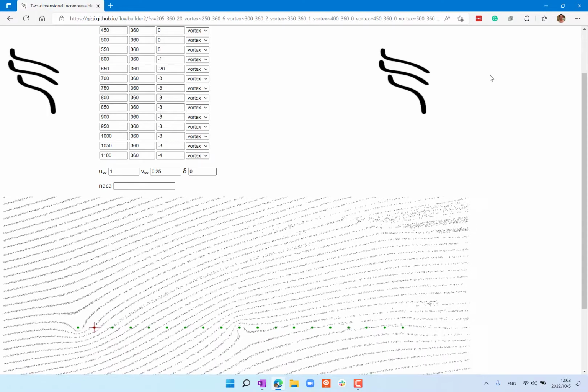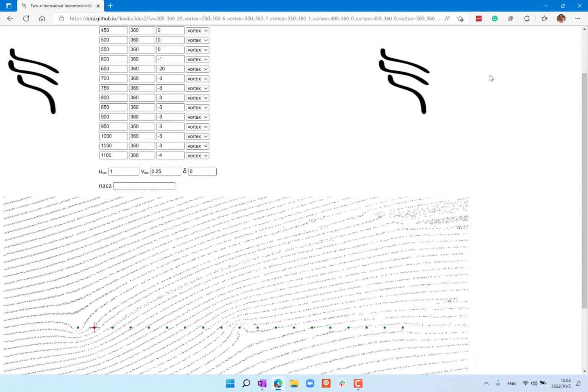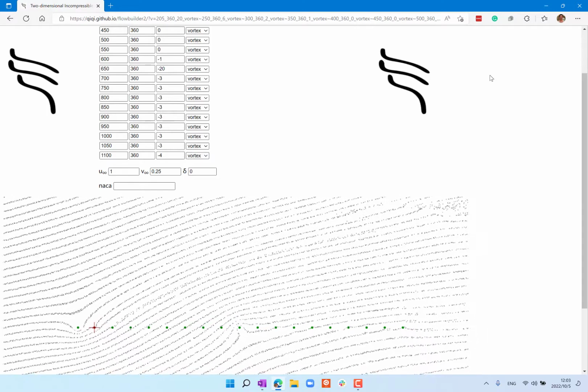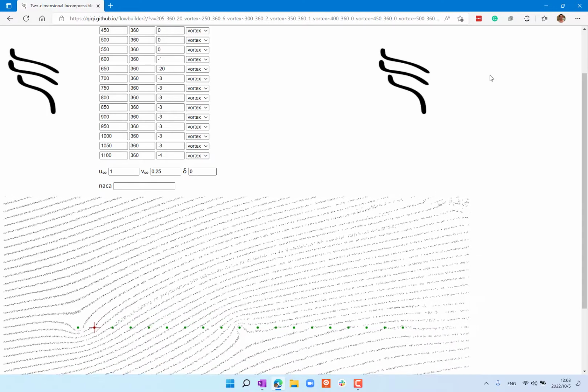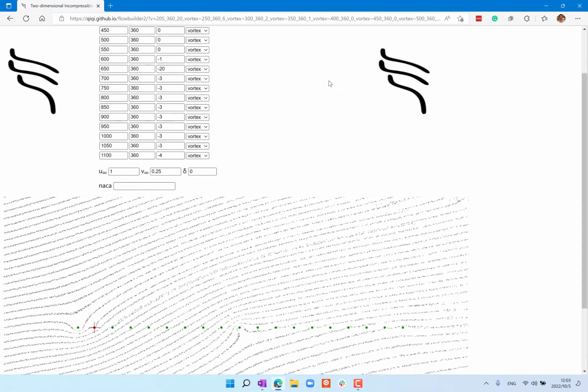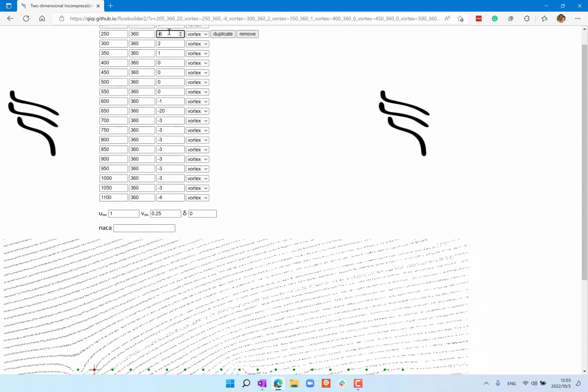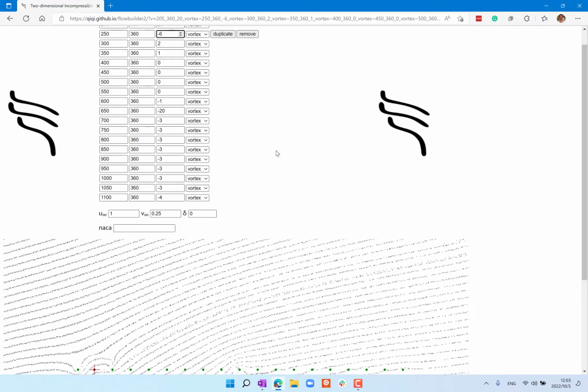So here, for example, we find the flow going up through the plate. So we want a more negative V, so we want to make this vortex more negative. For example, let's make it minus 6.